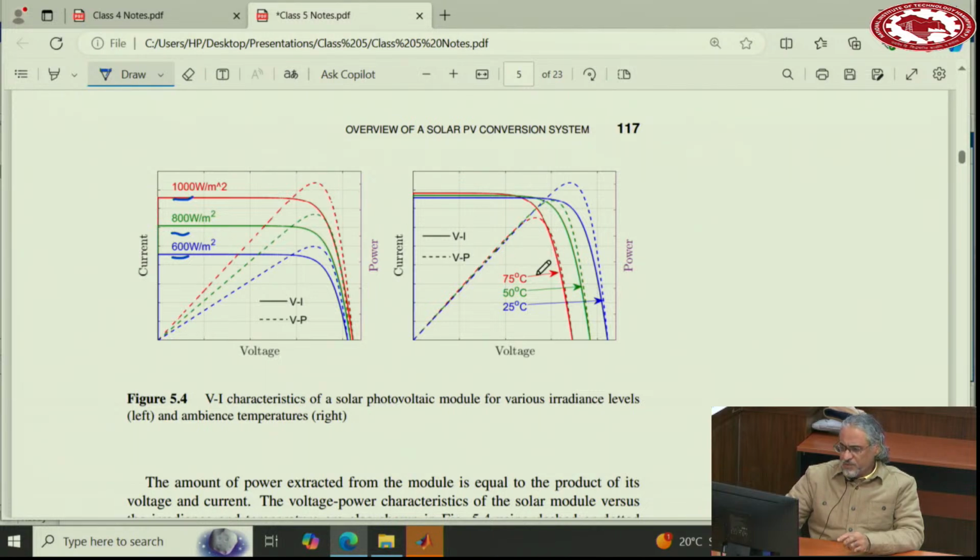Another one which is less change compared to this one is the temperature, and when you increase temperature or when you decrease the temperature, what happens is that the voltage now goes up. The open circuit and the maximum power voltage goes up. The irradiance changes the current, the temperature changes the voltage. And at lower temperatures you get larger powers at larger voltages.